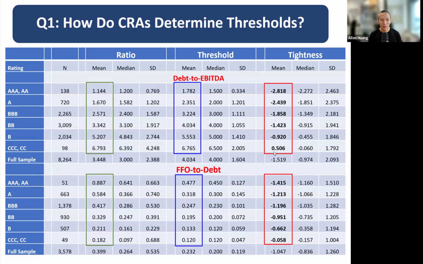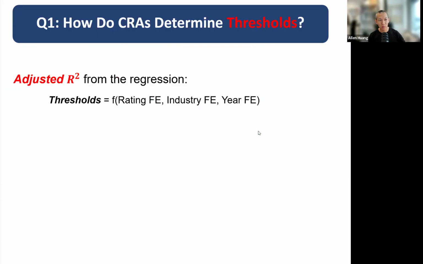Now, these are sort of univariate results, then we look at the regression results and try to see what explains the thresholds. As we talked about before, credit rating agencies set it based on which industry they're in and also the level of the ratings.